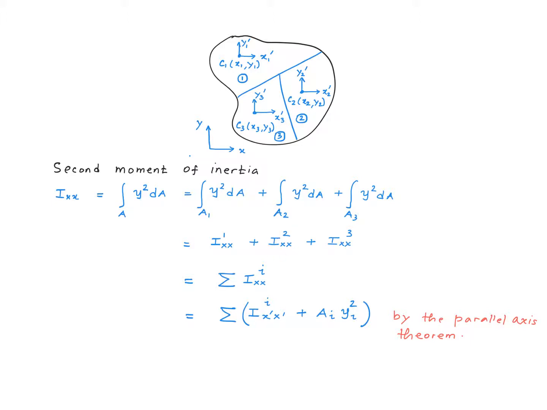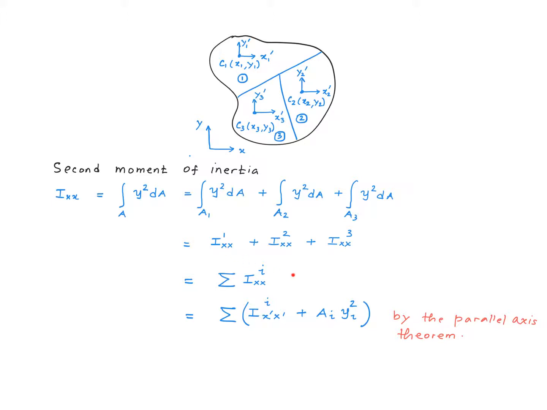Ixx2 is that of area number 2, and Ixx3 is that of area number 3. Generalizing this, we could write Ixx equals the sum of Ixxi, where Ixxi is the second moment of inertia of the sub-area i.